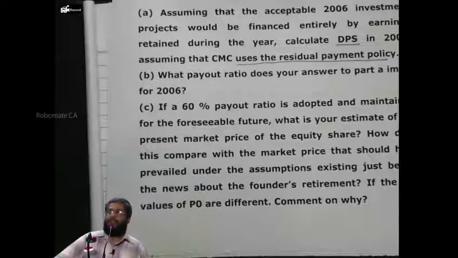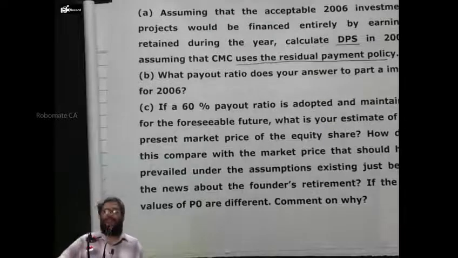And 20 lakhs profit should be shared by 2 lakhs or not? EPS is equal to 20 lakhs divided by 2 lakhs. What is EPS? 10. EPS is equal to 10. DPS is already calculated, dividend per share. Dividend per share is equal to how much? 6. EPS is equal to 10. DPS is equal to 6.